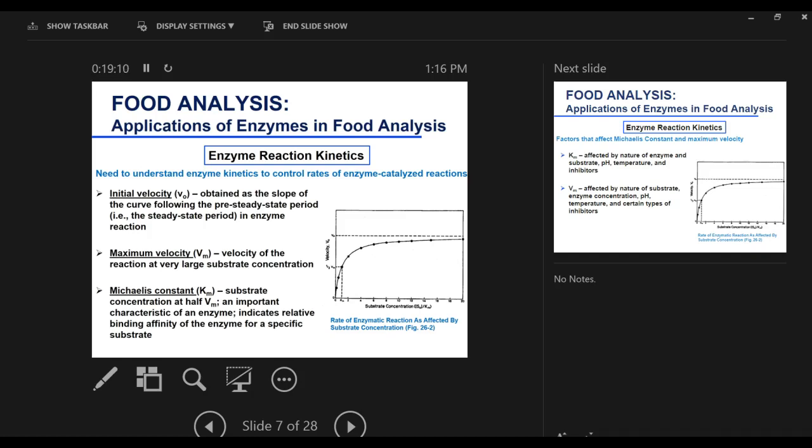So here, at a lower substrate concentration, I got to half the Vmax. Here I needed more than double the concentration in this graph to get to Vmax over 2. So obviously the affinity for S1 is much more than the affinity for S2.